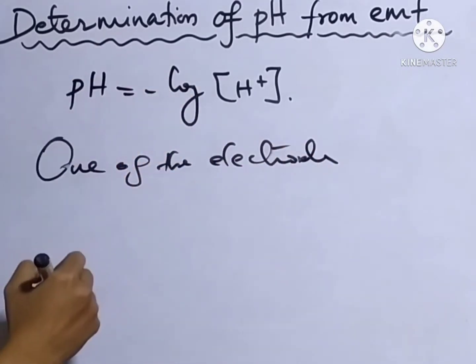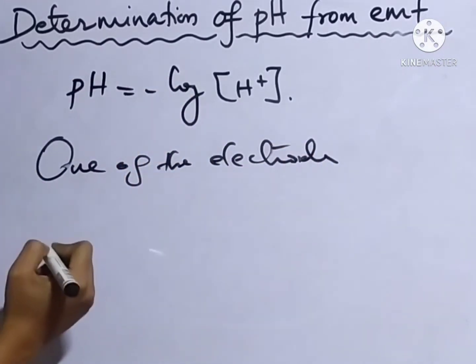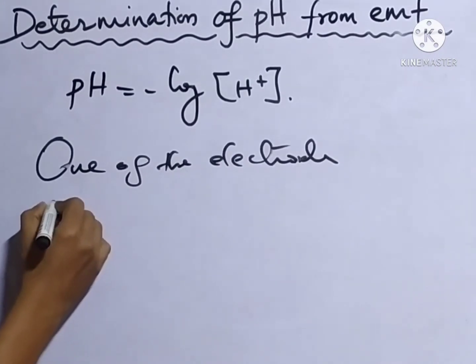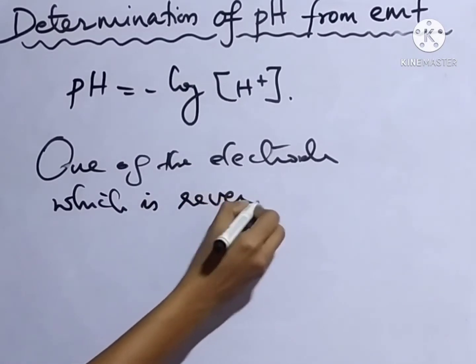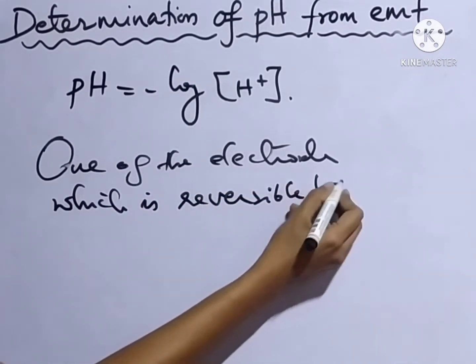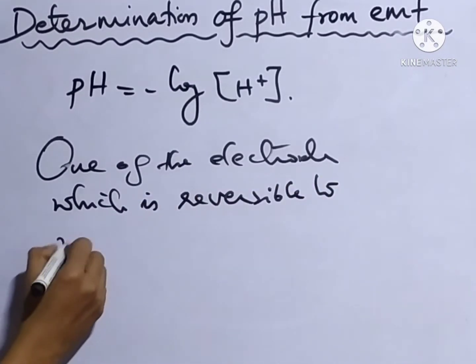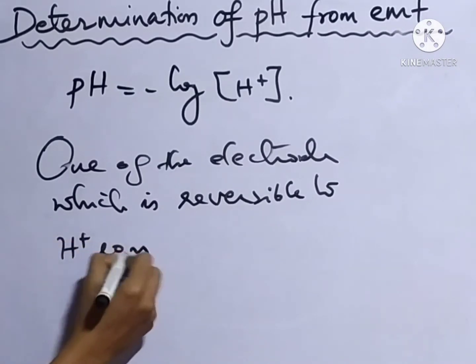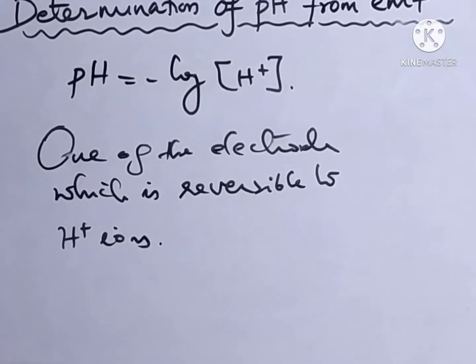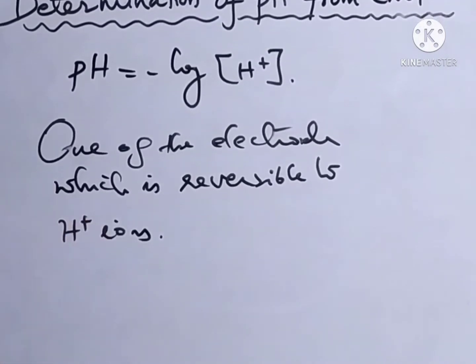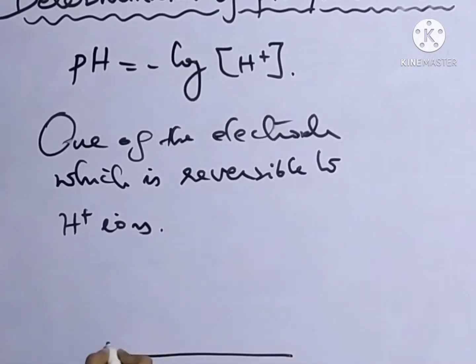is reversible to H plus ion concentration, which is reversible to H plus ions. So just imagine we are going to find out the pH of a particular solution.